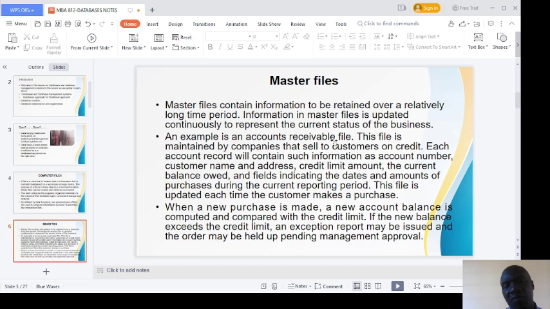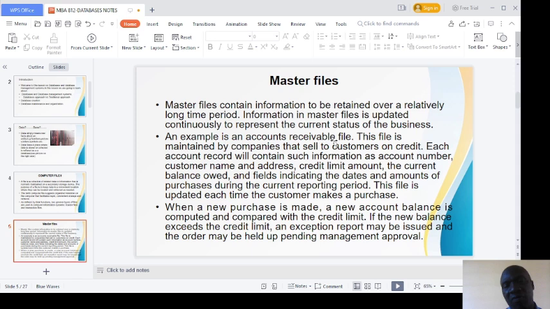Now, this file is usually updated each time the customer makes a purchase, but the customer name remains the same, the address remains the same, but the purchase may change from time to time. So it's updated by different information from a different file.